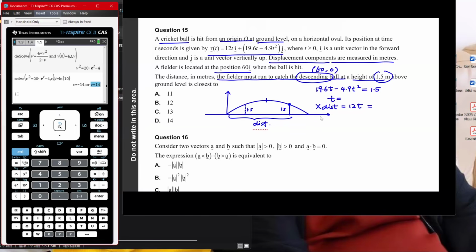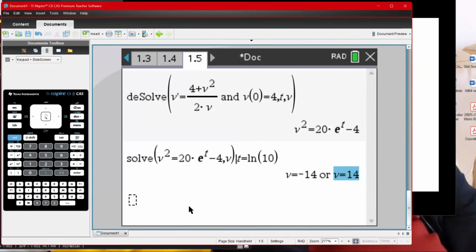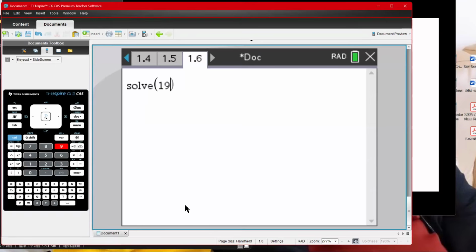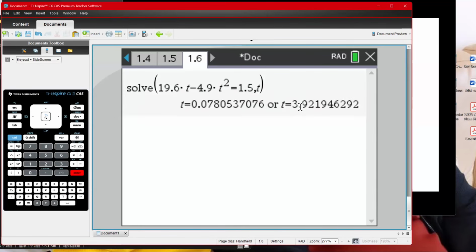So probably it's somewhere here. What I'm going to do is grab my CAS. Solve 19.6t minus 4.9t squared equals 1.5, comma t, for t greater than 0, but you will get a second time, okay, as I explained.